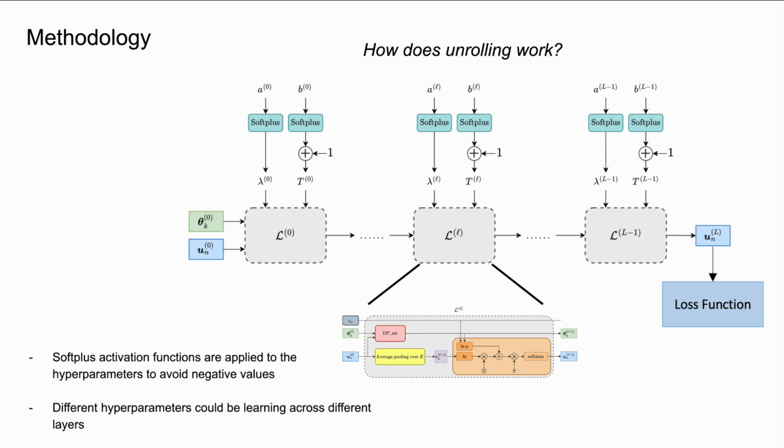Then we use softplus activation functions on the hyperparameters to ensure they stay positive. And also we can allow different hyperparameters to be learned across the layers, giving the model more expressive power. So this approach turns a classical rigid algorithm into a flexible and learnable model that adapts across tasks.